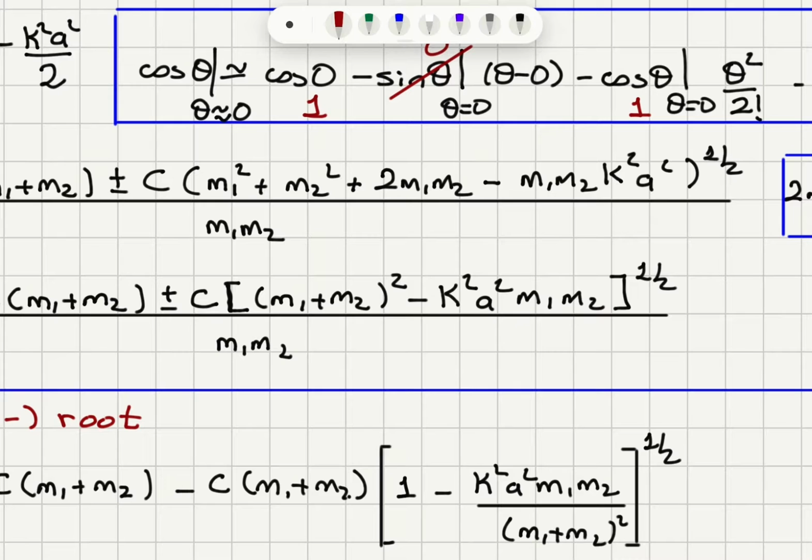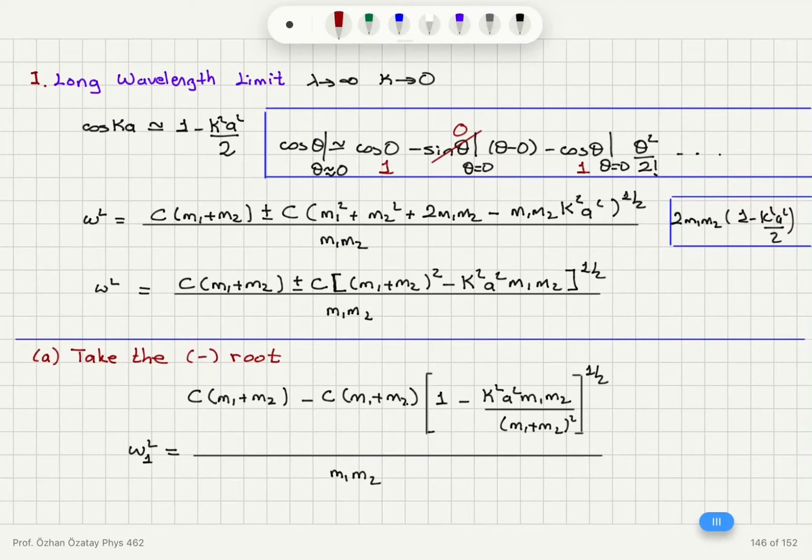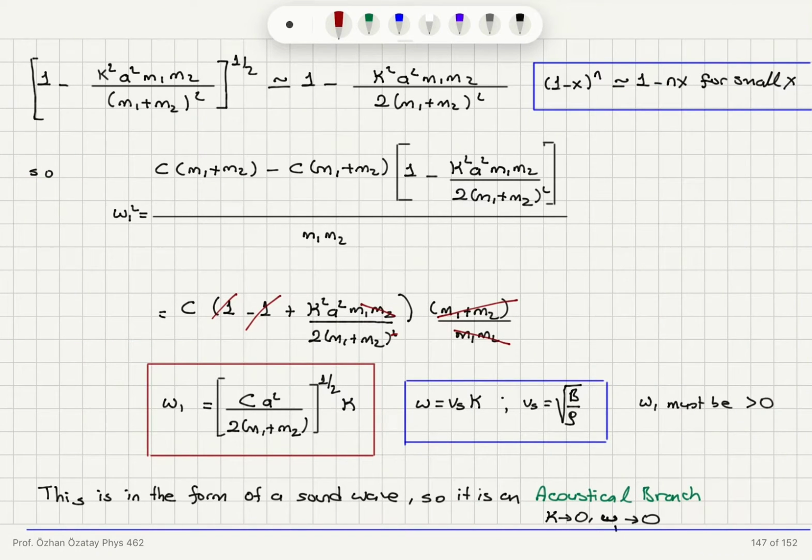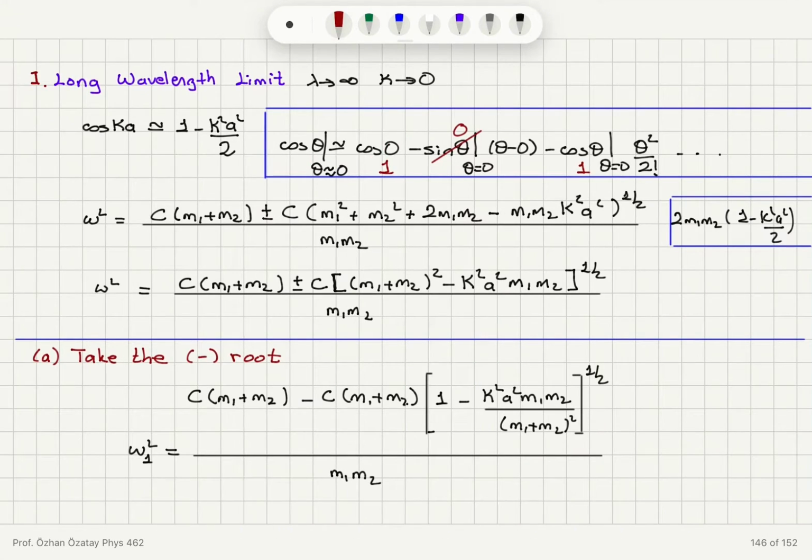So when I take it out, I get 1 minus k square a square m1 m2 divided by (m1 plus m2) square, all under the square root, and all of this divided by m1 m2. So that's going to be my first solution. That's the negative root.